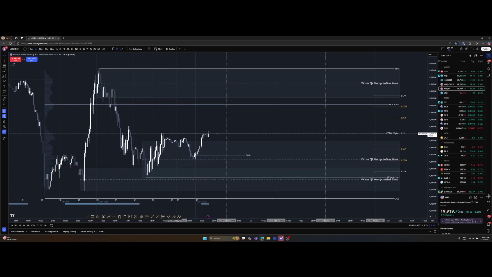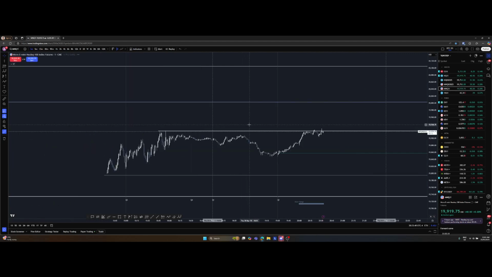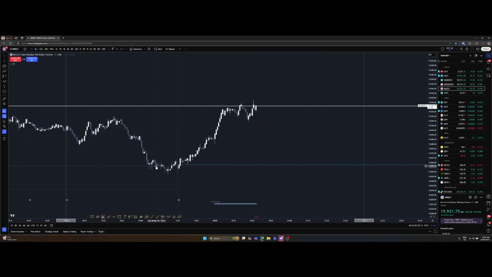PM high lines up with the 1 standard deviation. Do you mean on a lower time frame? Okay. 1 min. They'll break here.